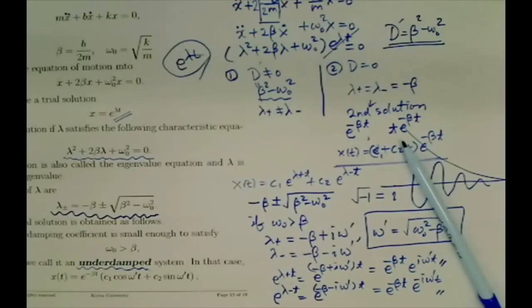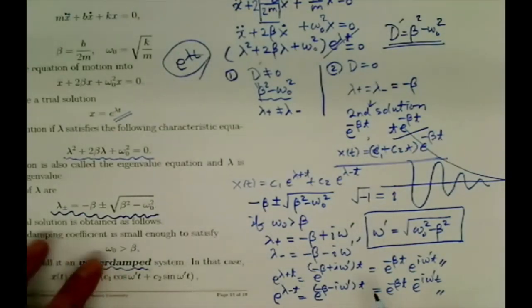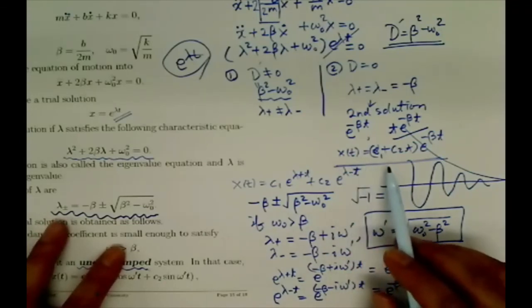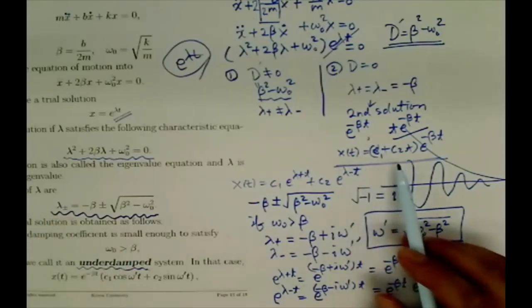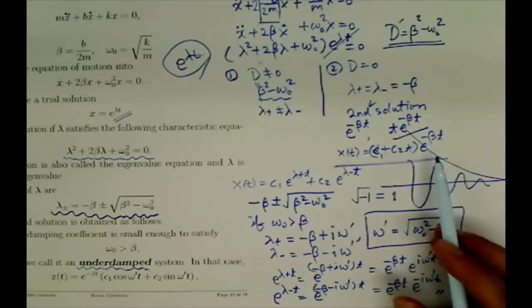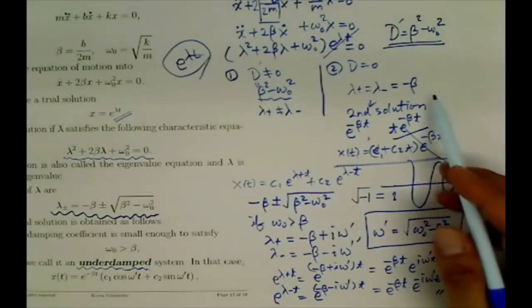After solving that equation, we found that the second solution is obtained in this way. So if we combine these two, the final result for the double root case is x of t equals arbitrary parameter c1 plus arbitrary parameter c2 times t, multiplied by exponential minus beta t. It is an exponentially decaying function.